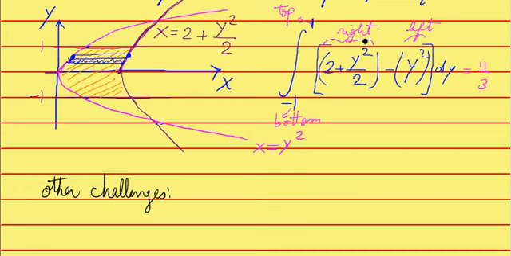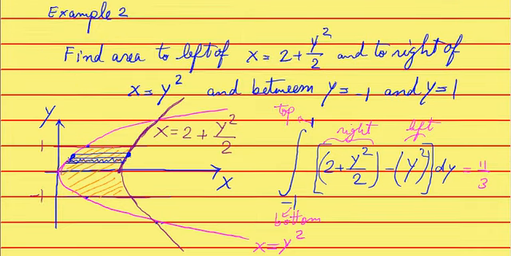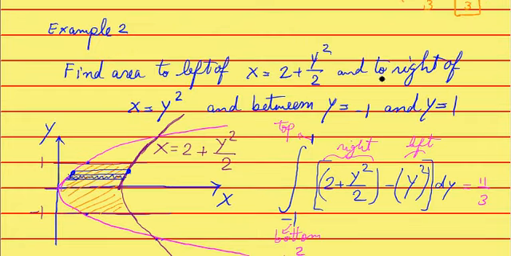Another challenge is to figure out who is on the left or who's on the right, or who's on the top and who's on the bottom. In these problems, the problem itself tells you where each of these pictures is situated. Since it tells you, you really don't need the picture. Here are your ingredients. You know this has to be the farthest to the right, and this one is the item on the left, and you subtract them.